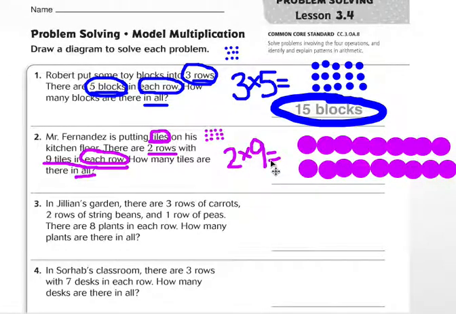To find how many in all, I've got to count all these. So 2, 4, 6, 8, 10, 12, 14, 16, 18. So my total number of tiles is 18. So my answer is 18 tiles.